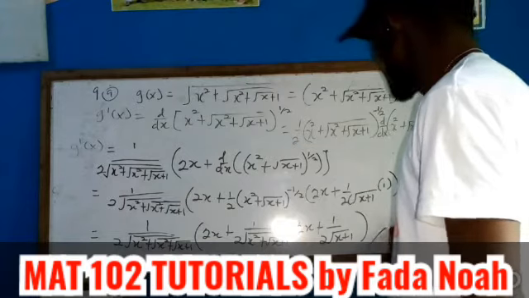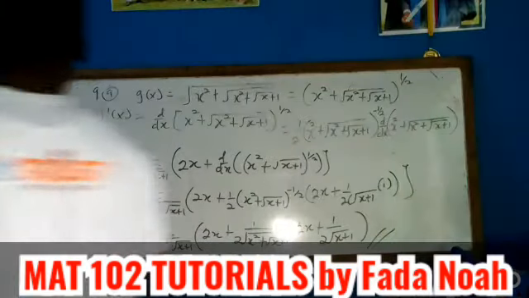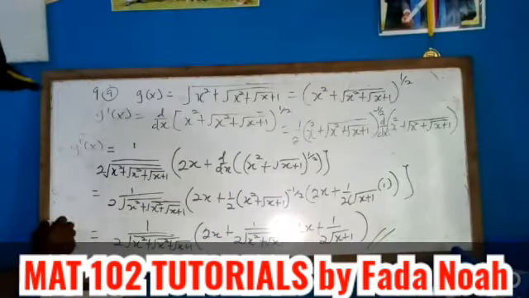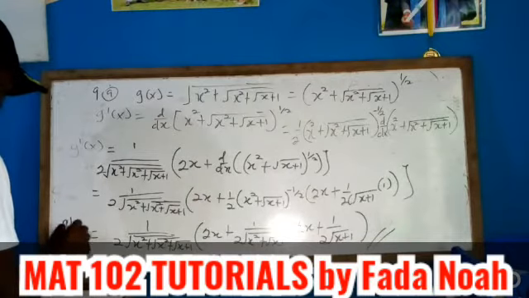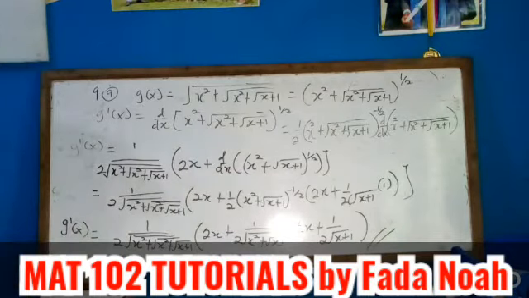So this expression here is the derivative of g of x. So our g prime of x is equal to that.